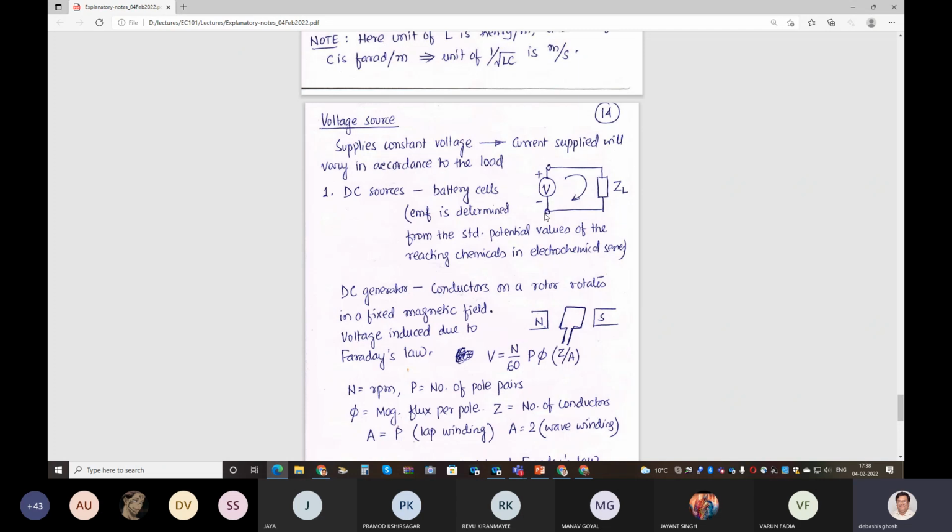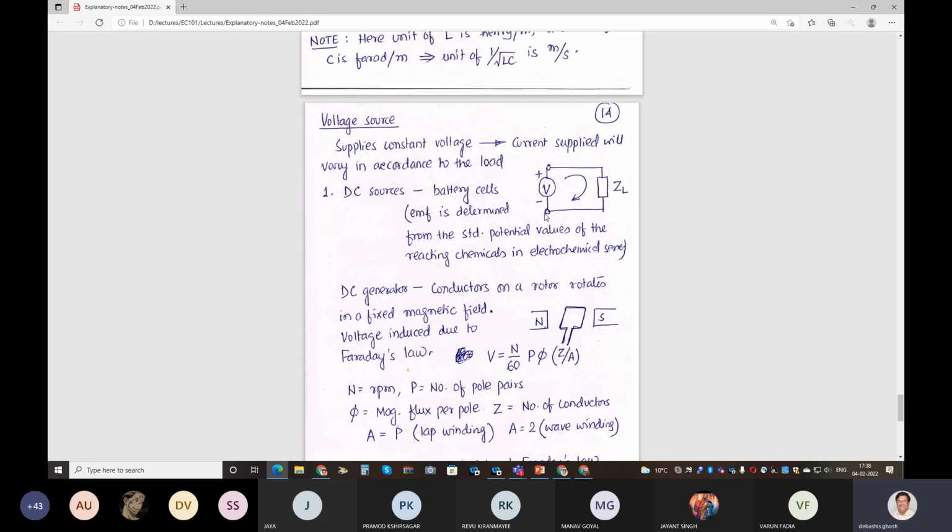For example, the battery: when you go to the market and buy it, it is written 1.5 volt. But if you put a voltmeter across the battery and check the voltage, you will see that it is actually not 1.5. It may be 1.4, 1.45, like that. Some slight difference is there.